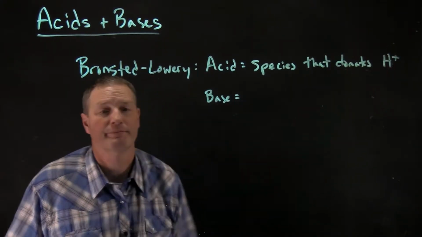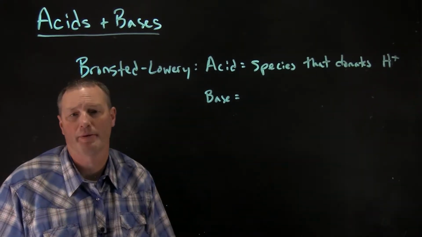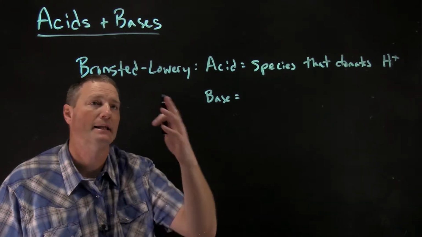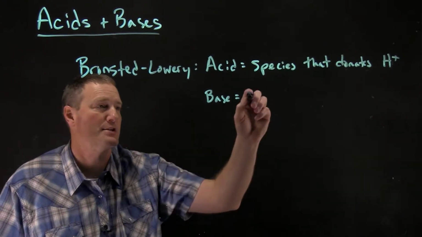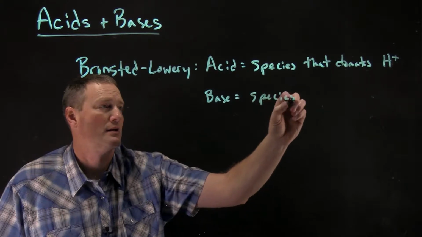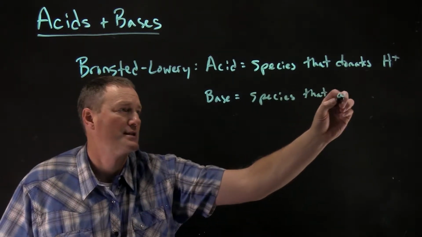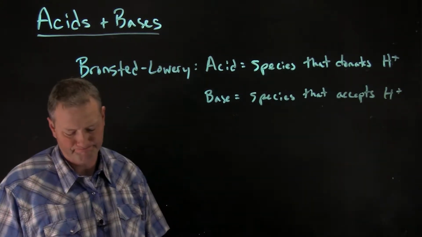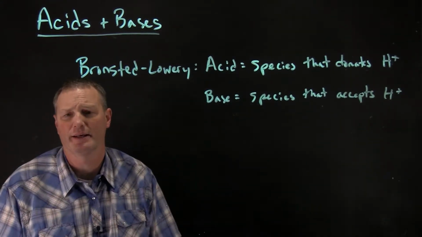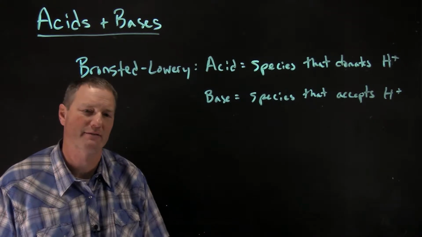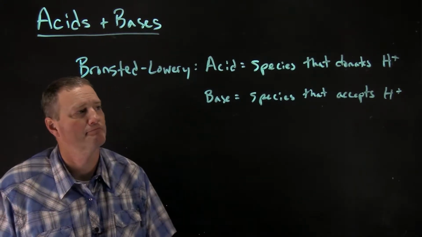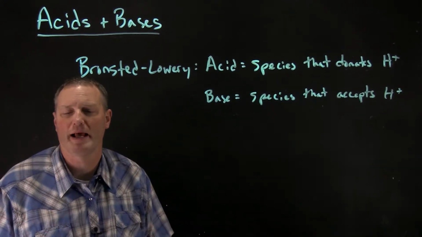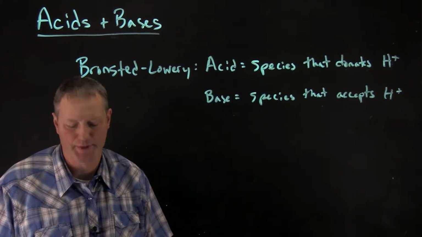It's going to give up H+. And a Bronsted-Lowry base is a species that accepts H+. Now that's related to the Arrhenius definition, but these are broader and apply to many more different types of species.